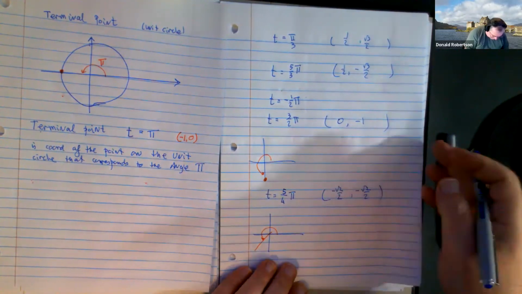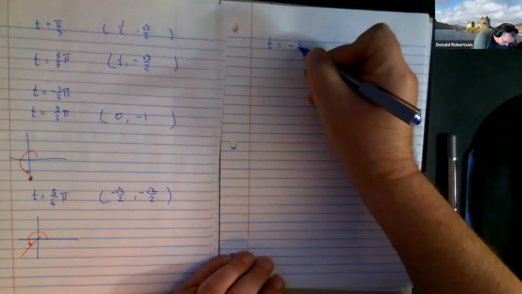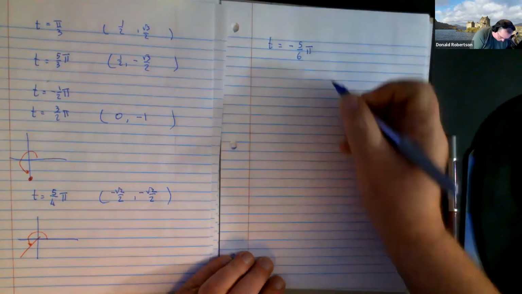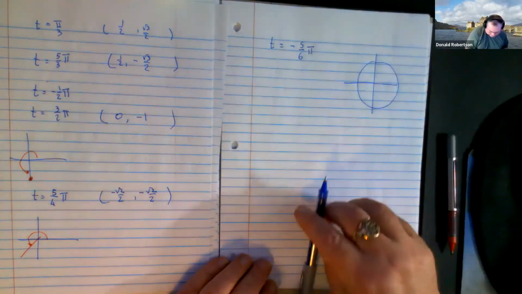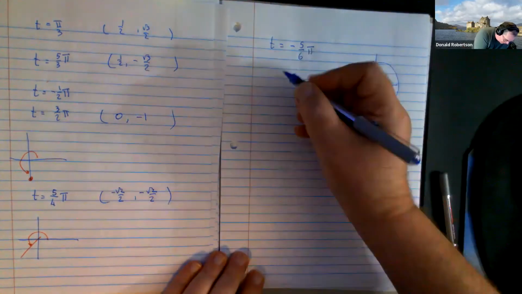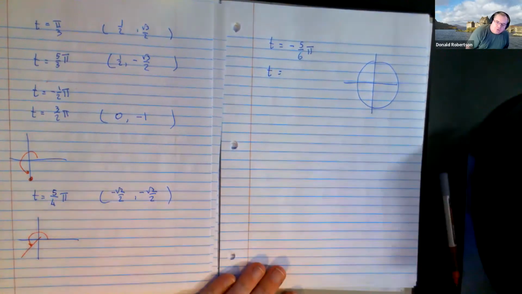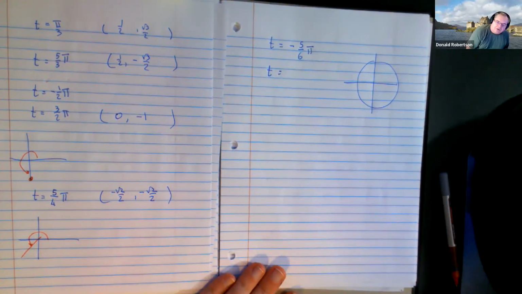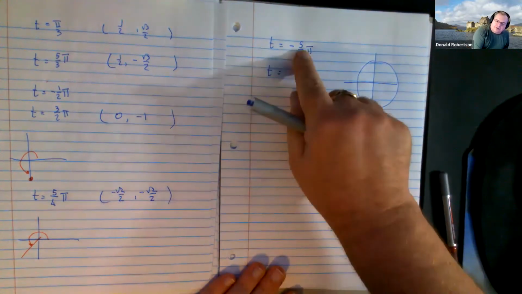Suppose they gave you a terminal angle of -5/6 pi. There's my little unit circle guy. That's not really the guy that we want, is it? Can anybody remember how you get the angle in the range 0 to 2 pi for a situation like this? What do you do to that fraction?